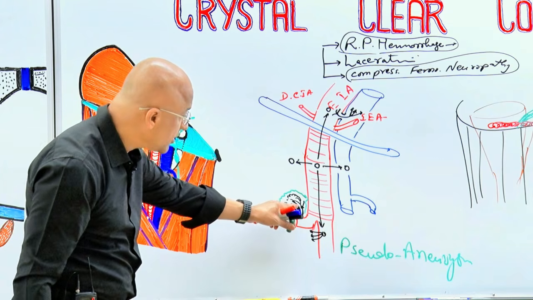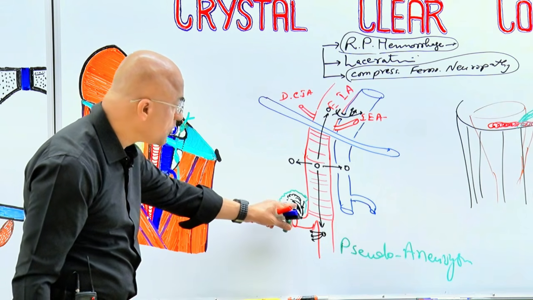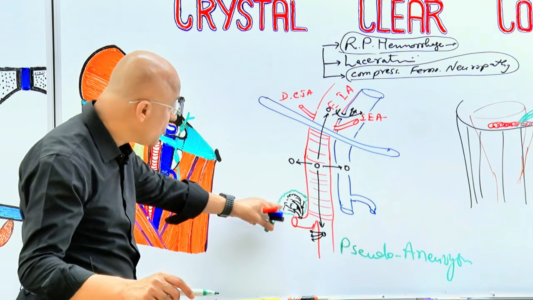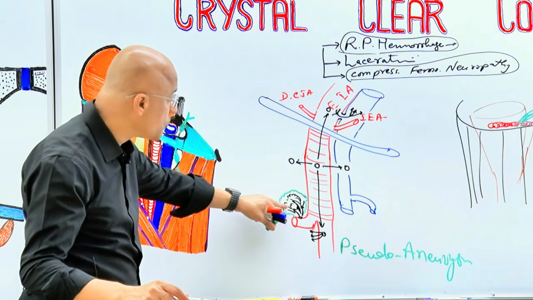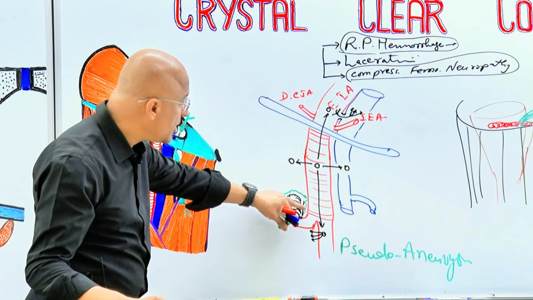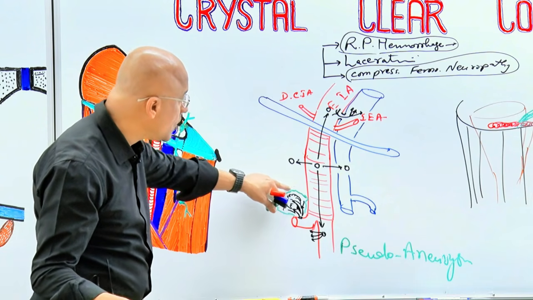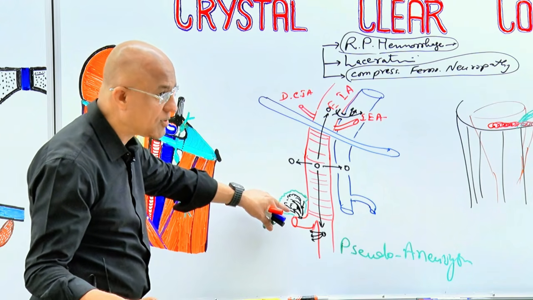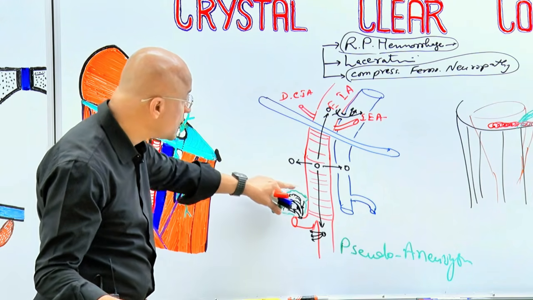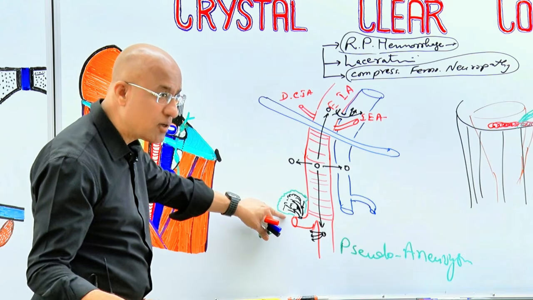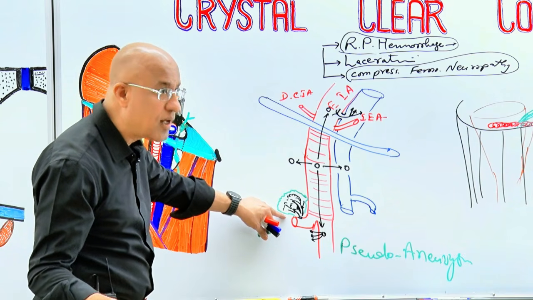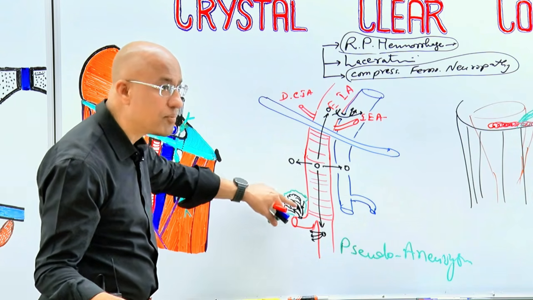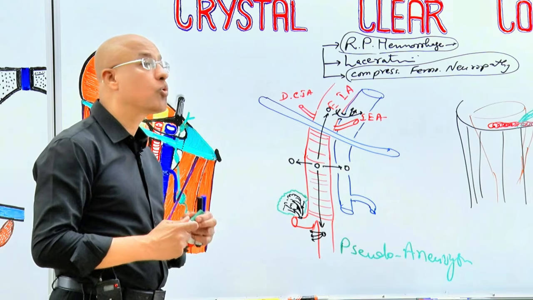This blood is being pushed out of the blood vessel, making a swelling which is full of blood, but its walls are not made by the wall of the vessel. Rather, the surrounding soft tissue is making a significant part of this aneurysm. Such an aneurysm is not a true aneurysm.